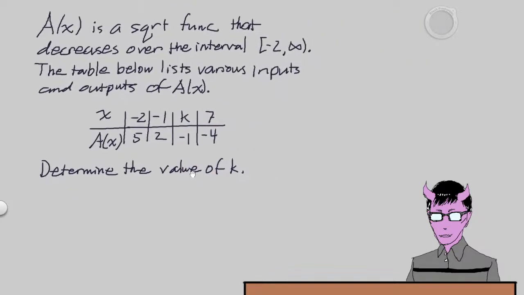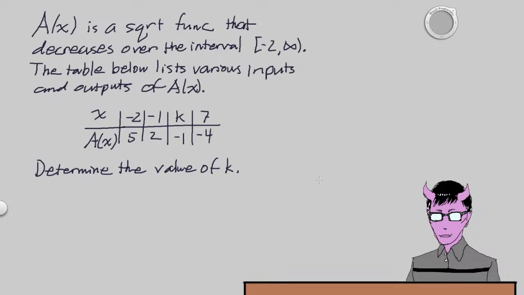Okay. So again, A is a square root function that decreases over the interval. So that can be interpreted in two distinct ways, right? So it could be that we have a square root function that's like this, or we have a square root function that is like that. But thankfully, we can actually distinguish between those two because of this additional information.